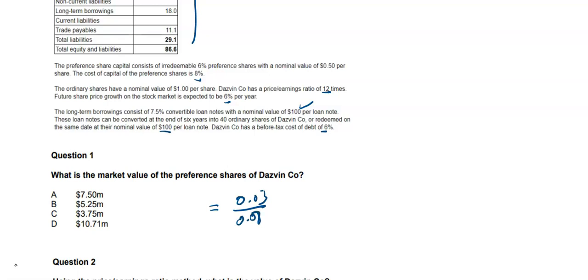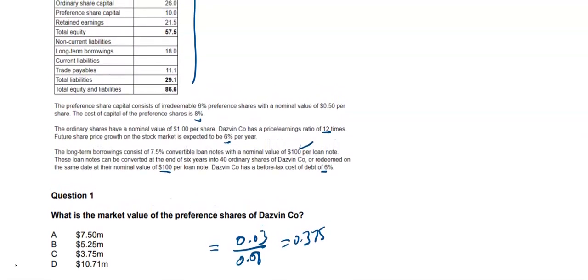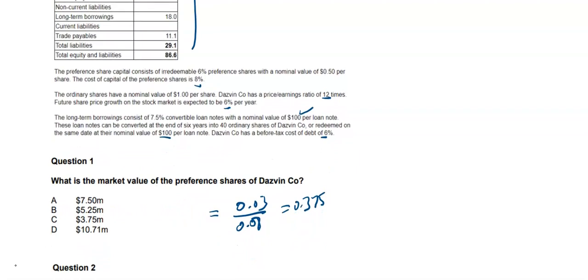Divide by 0.08, so the market value will be 0.375 per share. The number of shares is 10 divided by 0.5, which gives 7.5. 7.5 is the answer. A is the answer.